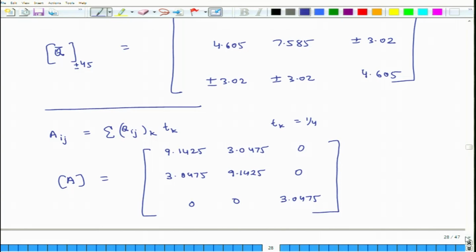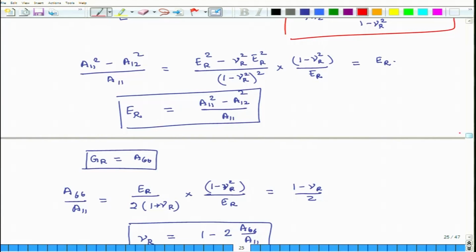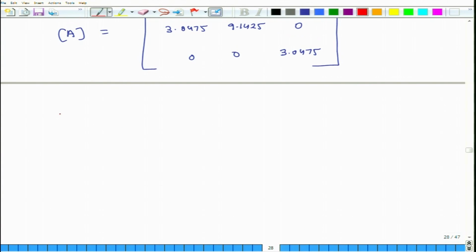Now, using these three relations, I can calculate the Young's modulus, the shear modulus and the Poisson's ratio for the randomly oriented mat. So, I find that ER equals A11 square minus A12 square divided by A11.